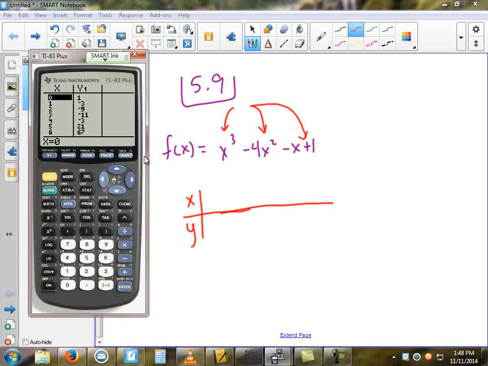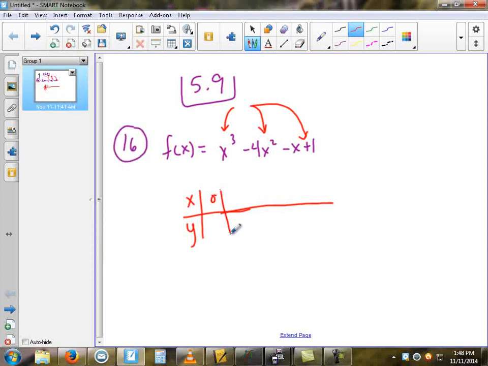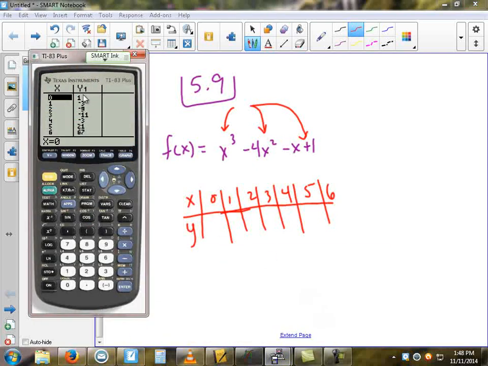I'm just going to use the first 7 numbers, starting with 0: 0, 1, 2, 3, 4, 5, 6. That should be 7 numbers. That'll work. And then I'm going to go back to that calculator and write down these numbers.